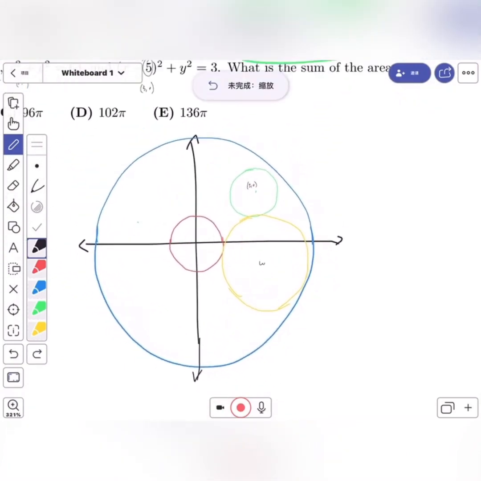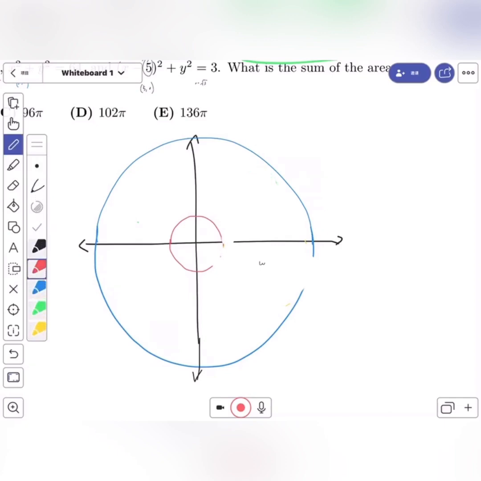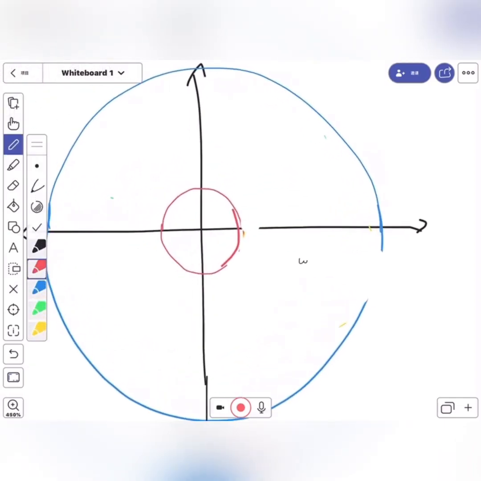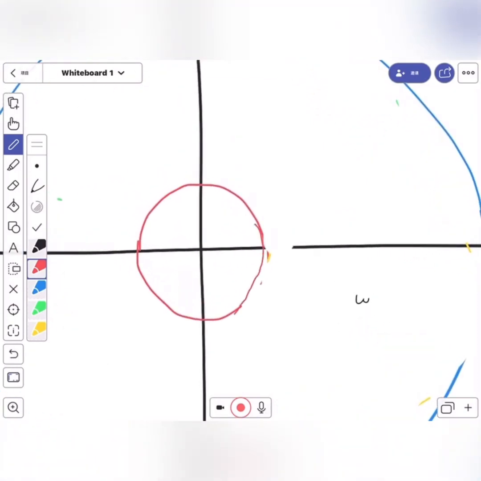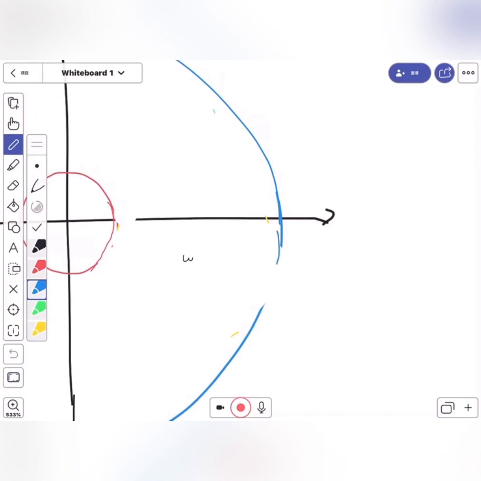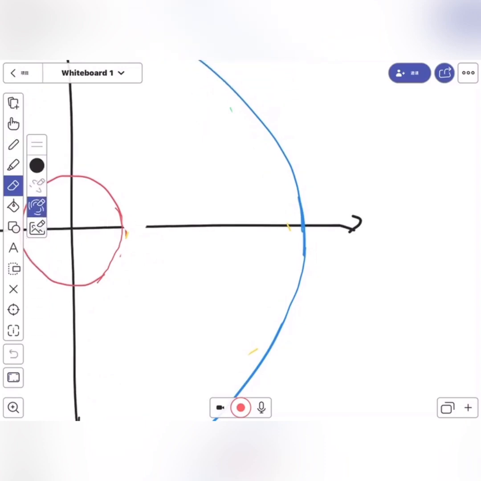Excuse me, I just made a mistake drawing this circle. Because it's 5, 0, it should be centered at 5, 0, but I drew it floating in the middle.